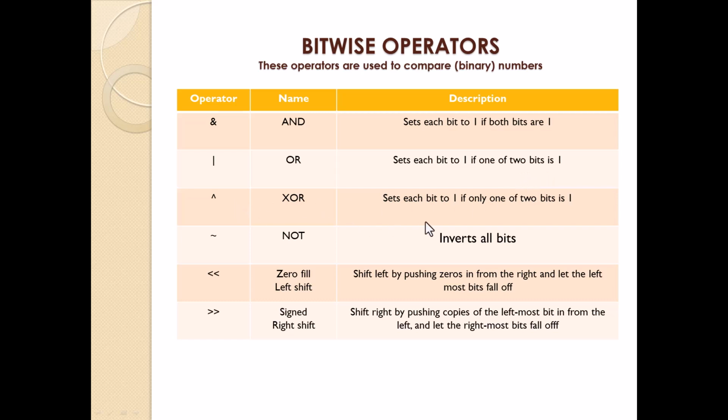The XOR sets each bit to 1 if only one of 2 bits is 1. Then this is more like the NOT that we just did. It inverts all bits, and we have the zero fill left shift. So these are the bitwise operators. They are a topic that I'll create another lesson for you on.